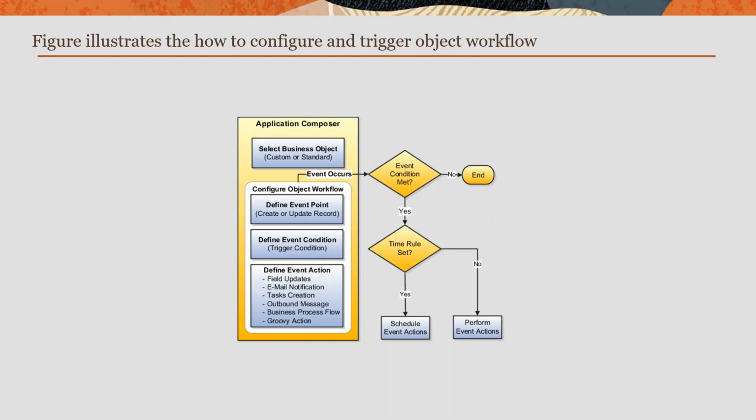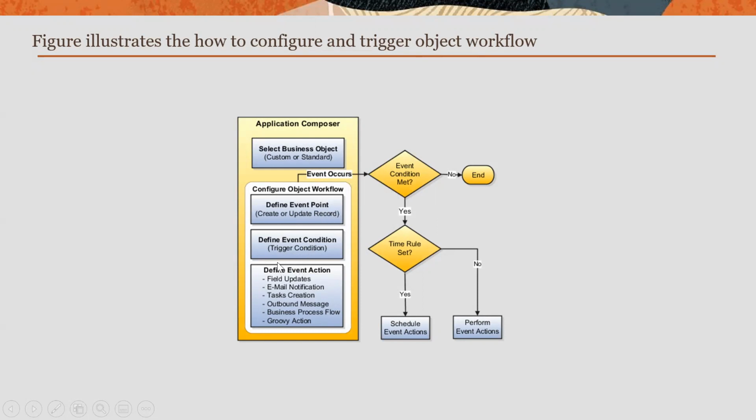We'll go there and select the object for which we need to create the workflow, and then which event, whether it's creating a record or updating a record. Only these two we have; we don't have delete. In triggers we saw multiple events, right? Like that, we don't have multiple events here, only create and update.